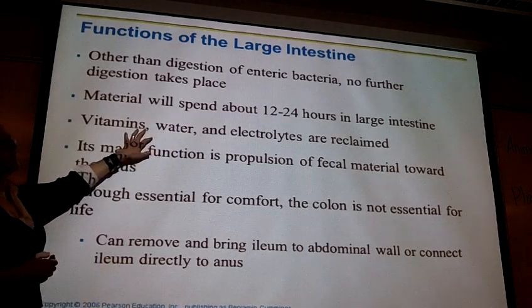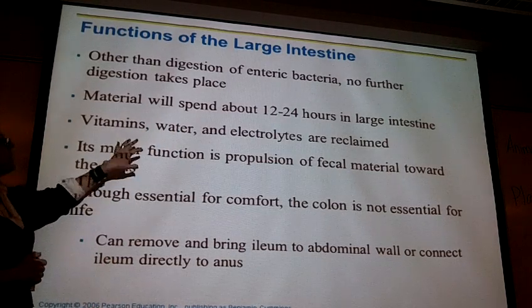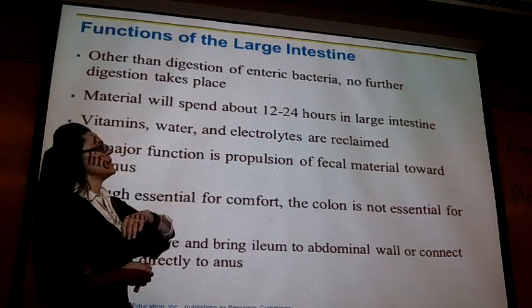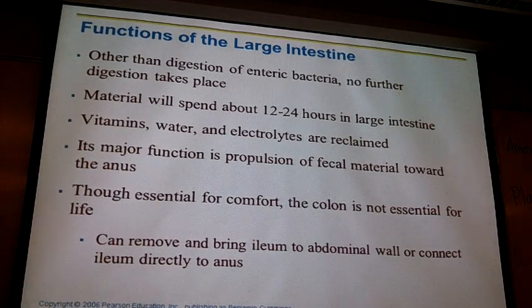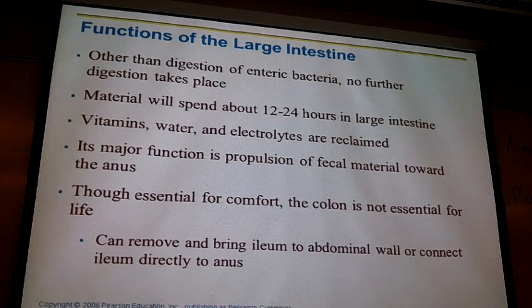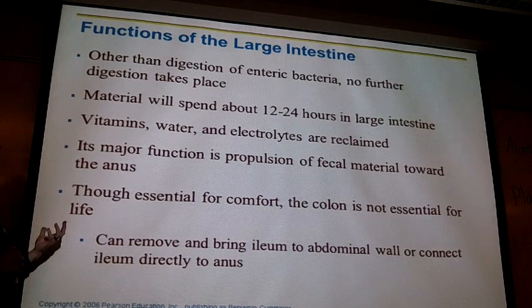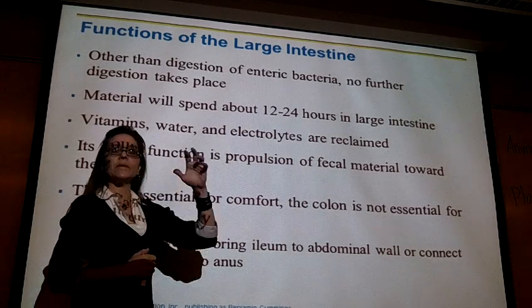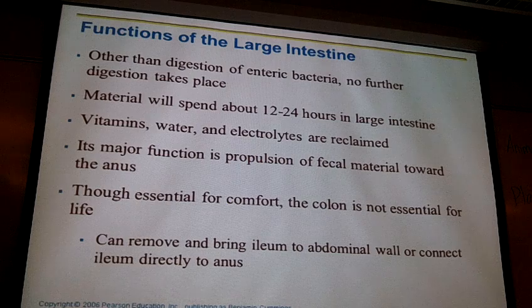Again, most of this is happening in the small intestine. But because we're only absorbing a little bit of these things at the large intestine, we really can get by without having the colon. The main thing that the colon is doing is absorbing these last little bit of things we didn't get in the small intestine and then producing fecal material.